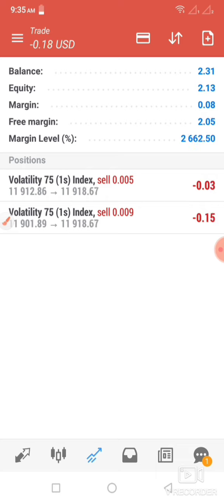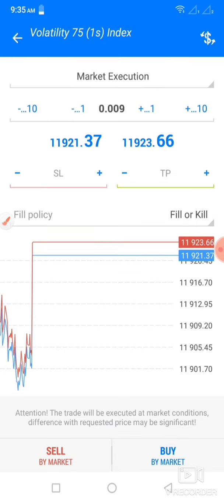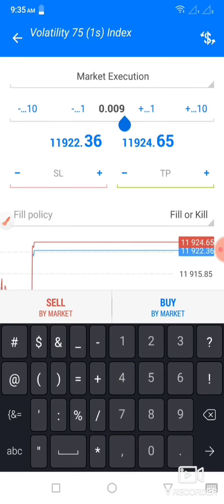For bigger equity, use bigger lot size. Because with equity of $100 on V75 1S, you can safely place a trade with lot size of 0.1 or 0.05.